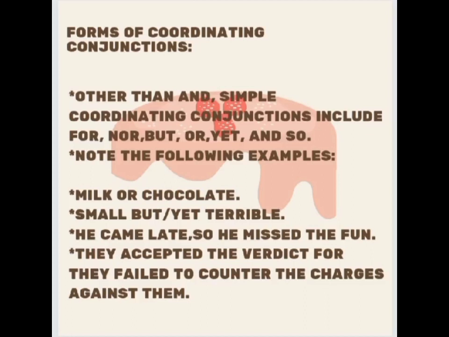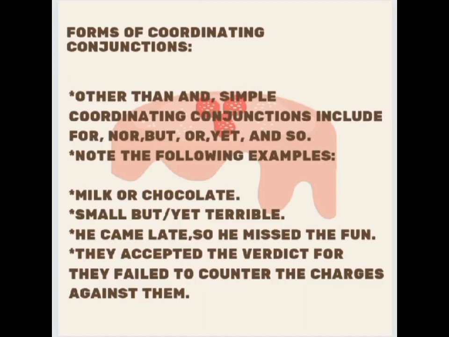The coordinating conjunction or is used to introduce options or present alternative choices. It could connect adjectives, nouns, pronouns, phrases, or clauses. Another example: would you like a cup of coffee or tea? As I've said, the coordinating conjunction or is used to introduce options or present alternative choices.